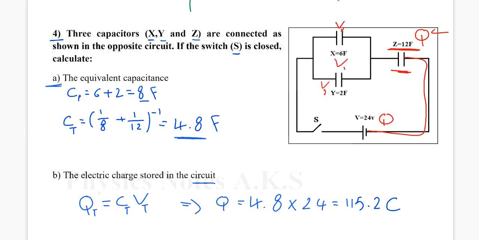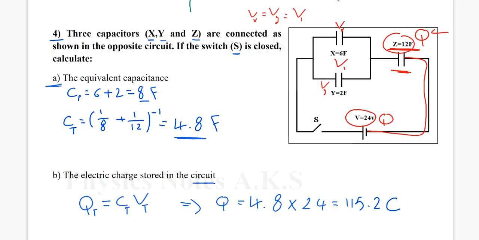Why the same? Because of course they are in parallel, right? So Vx equals Vy, which equals V1, the voltage in the parallel combination. How to get V1? It's actually the total voltage minus the voltage we found in the Z.